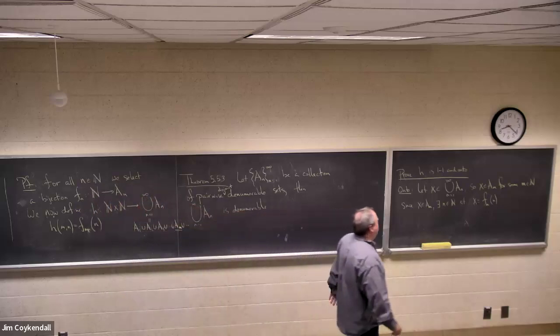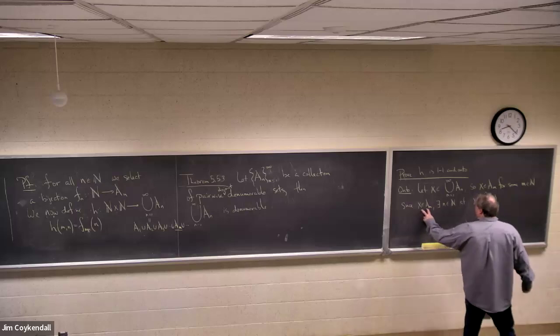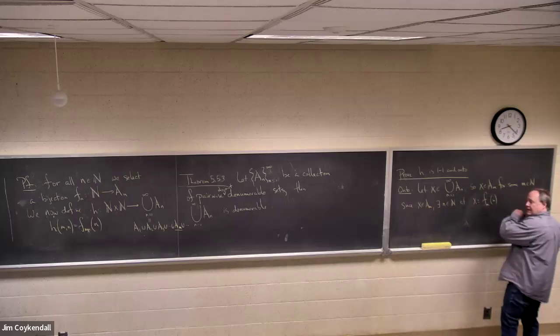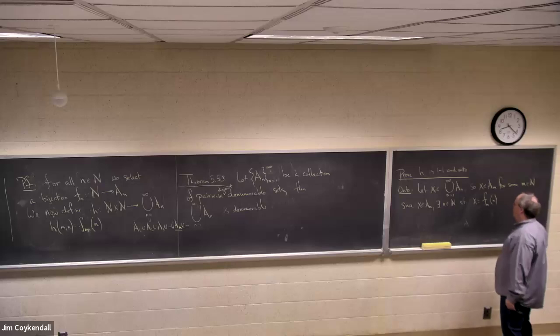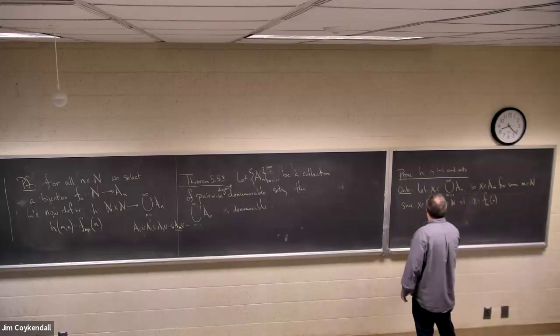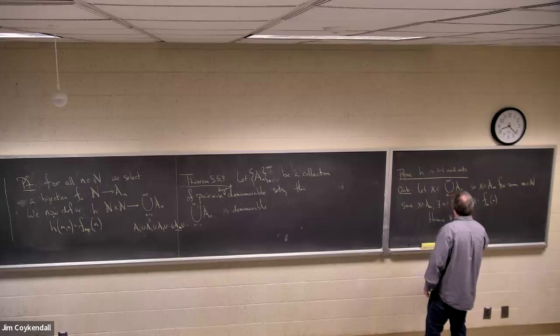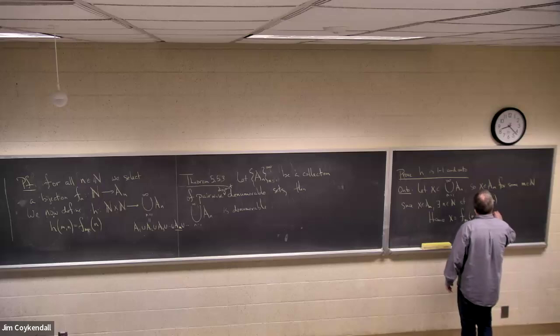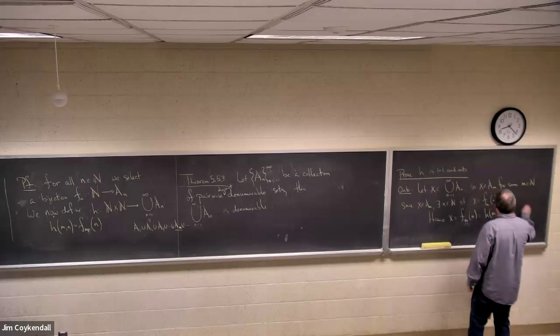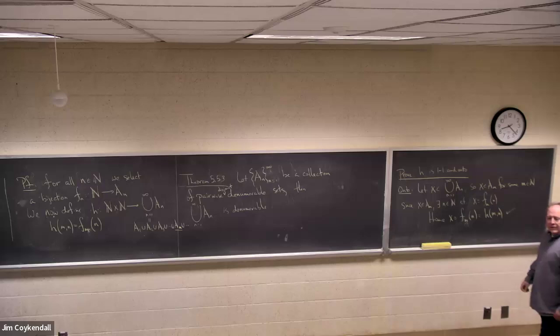And there's some N that goes to it, because X is one of these, so it has to be in the range of this. Hence, X is equal to F_M(N), which is H(M, N). So any X is in the range of H, or H is onto.